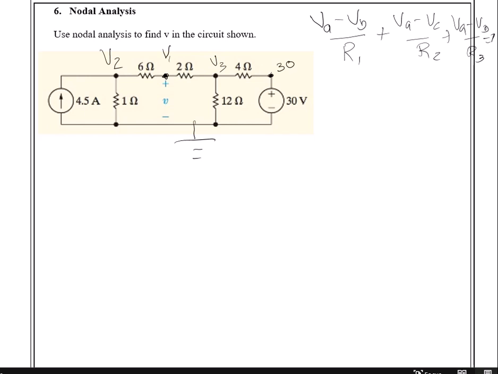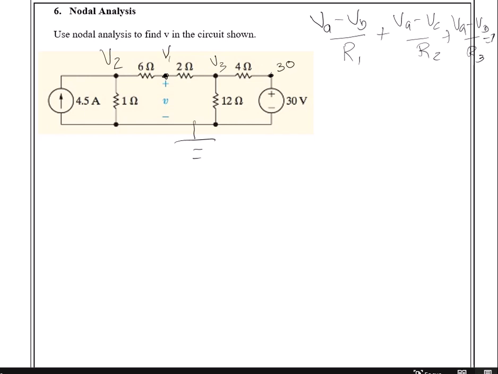So for V2, would it be V2 minus V1 over 6? And would I say that equal to 4.5? I think that is how y'all do it. I do it a little bit different, and I'm going to stick with my way so that I don't make a mistake. Since I'm saying that all currents are coming out of the node, currents coming out of the node are positive, and currents going into the node are negative.